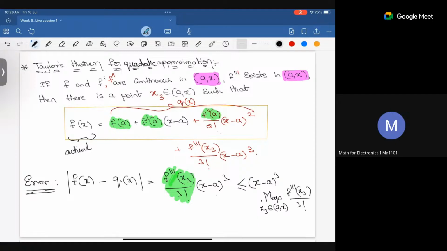So this will always be less than or equal to this particular term. Hence, I can say the error will always be upper bounded by this value. So the maximum possible error is this.